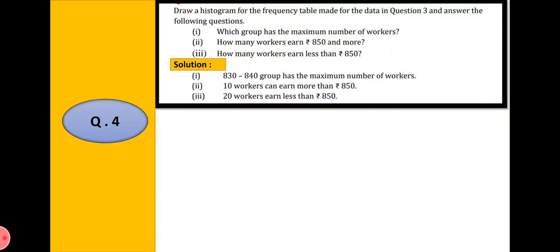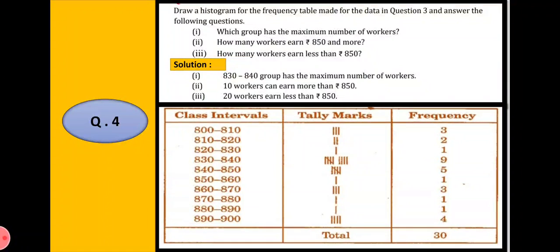Yes, so for that solution, first let's again draw that frequency table in this question, and now with the help of the frequency distribution table, let's try to give the answers. Which group has the maximum number of workers?